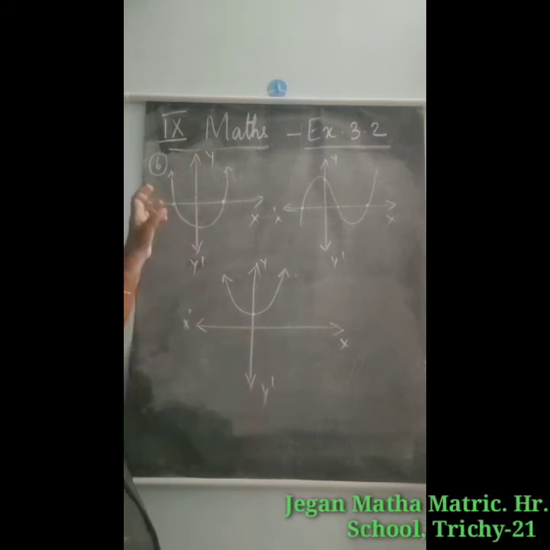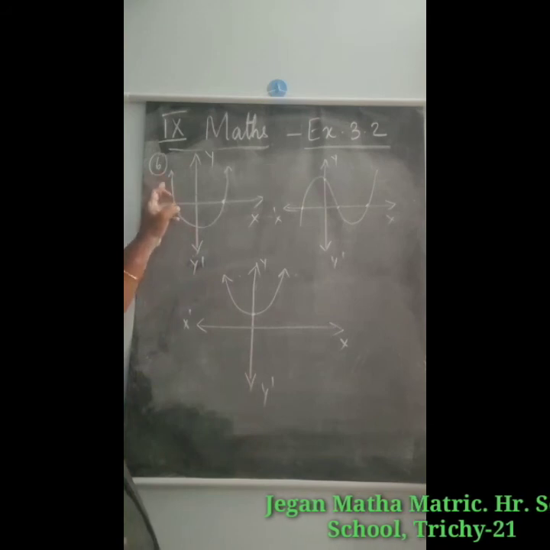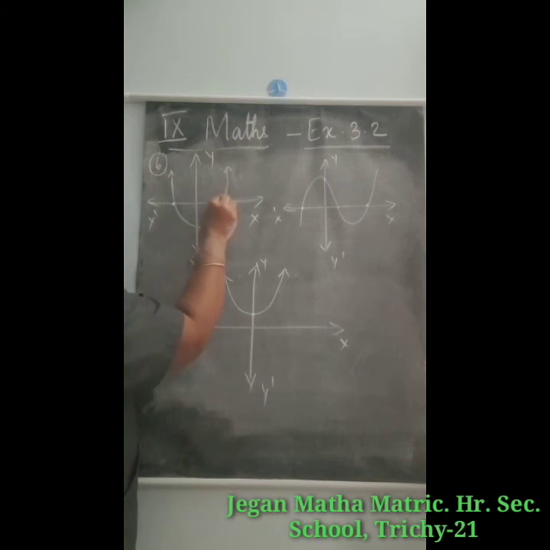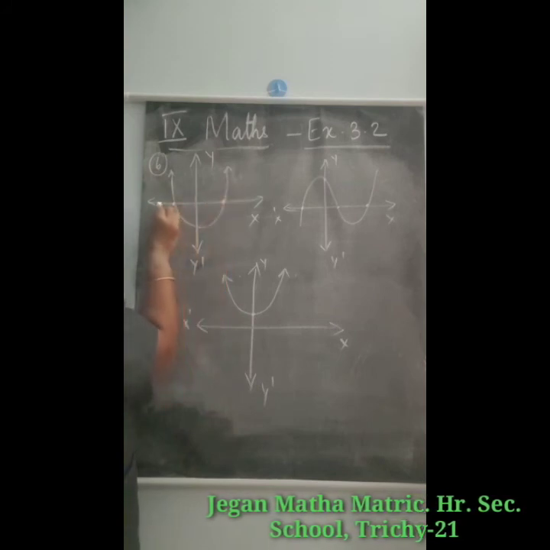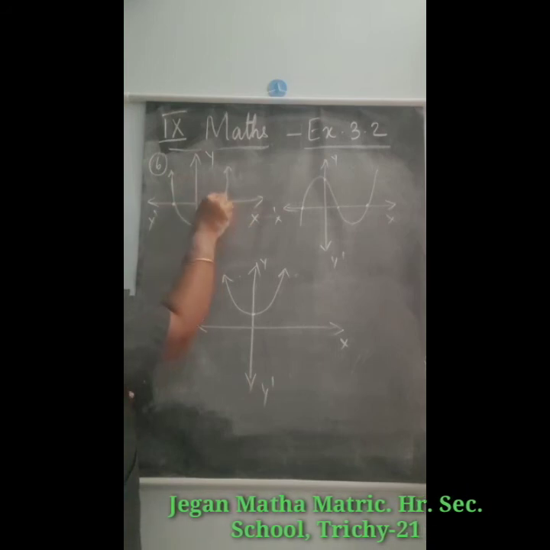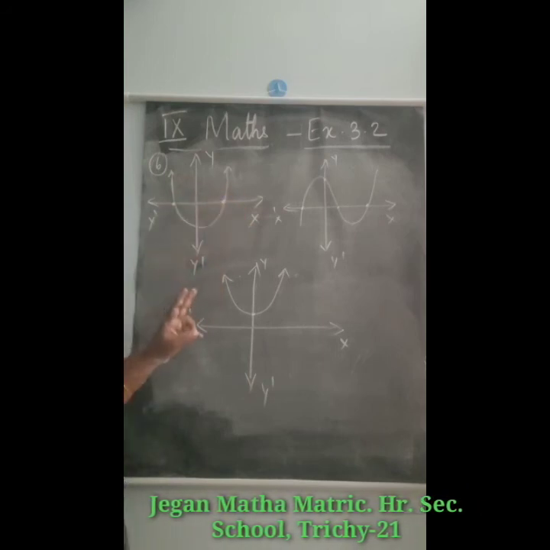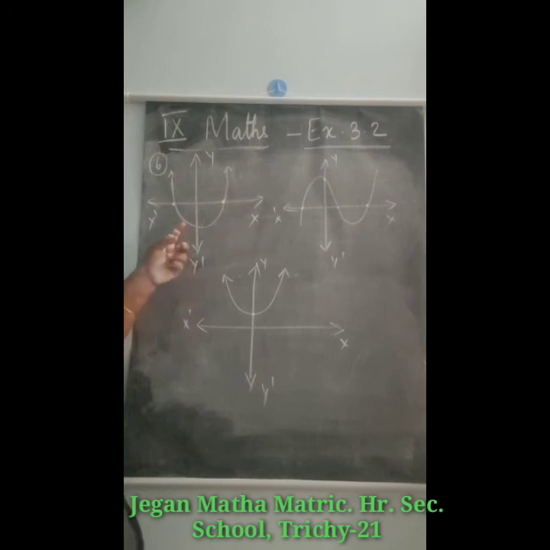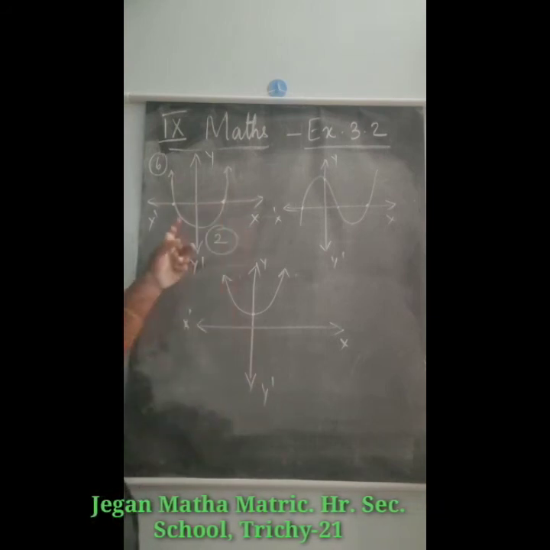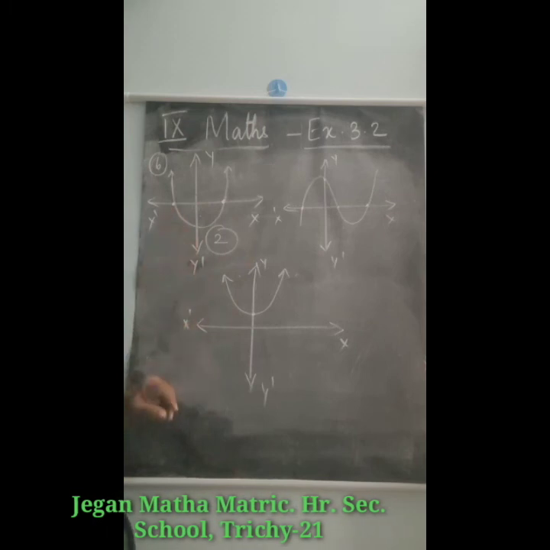The curve cuts the x-axis at 2 points. Look at the board: the curve cuts the x-axis at 2 points. So for this graph, the equation has 2 zeros.